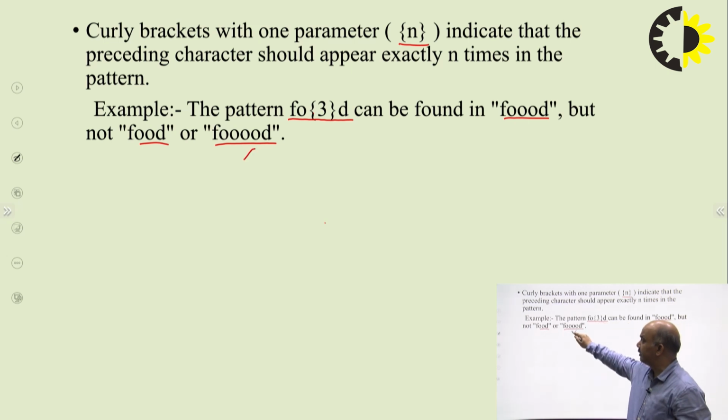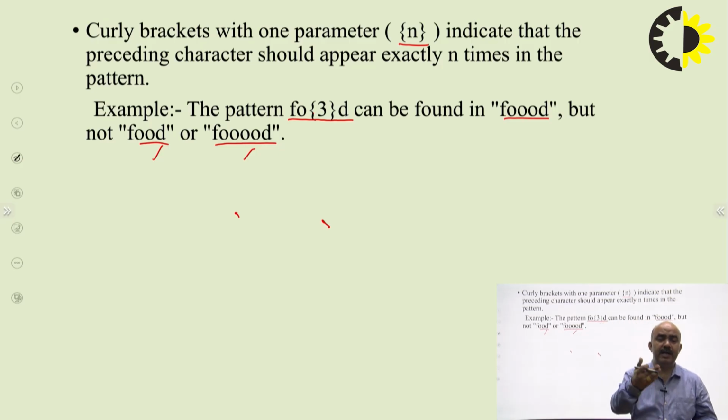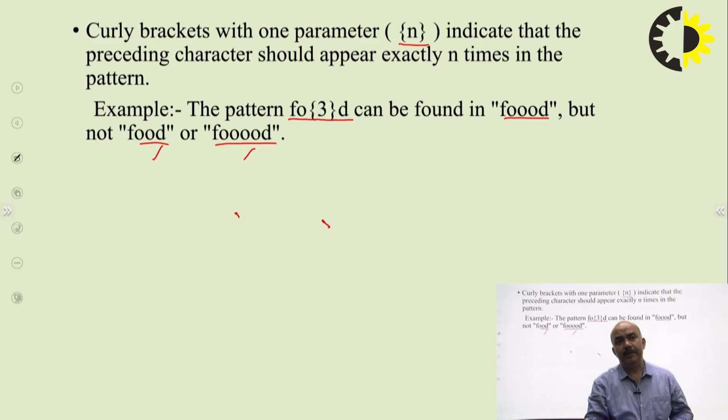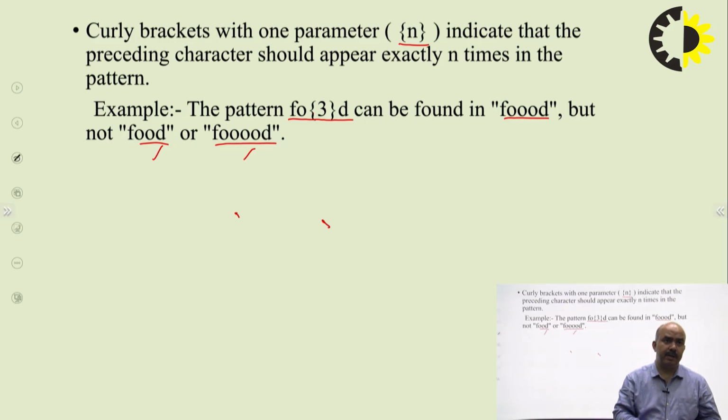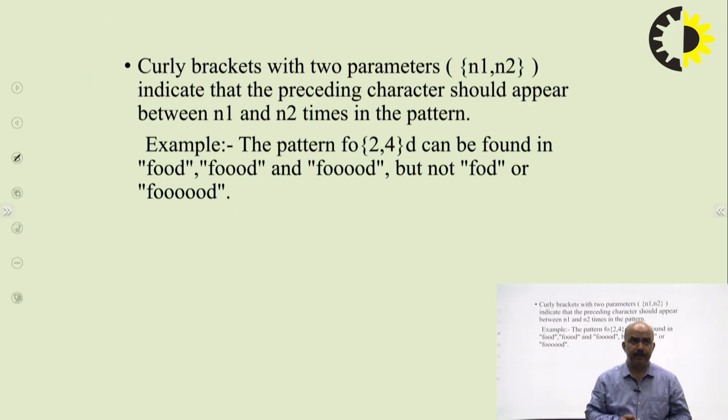In both cases we don't find the character, because the rules that we have defined are not found in the particular input string. So the curly bracket with one parameter indicates the preceding character should appear exactly n times in the pattern.